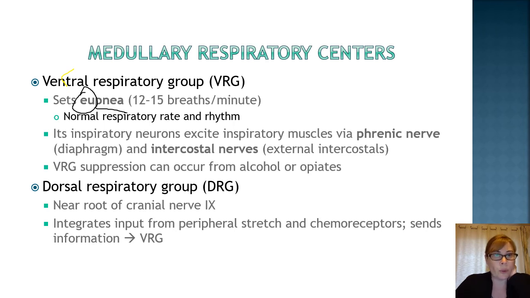So good breathing, normal breathing, is 12 to 15 breaths per minute. I've seen 12 to 20 breaths per minute. If you're an infant, it's more. That's variable, but it really shouldn't be any less than 12 or more than 20 under normal breathing. The ventral respiratory group is what sets that.